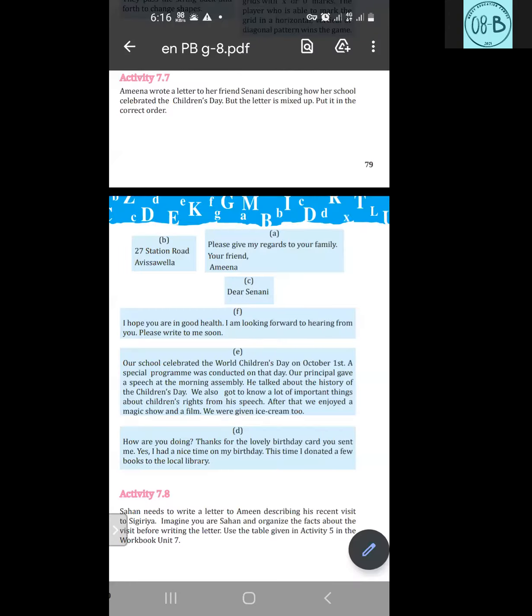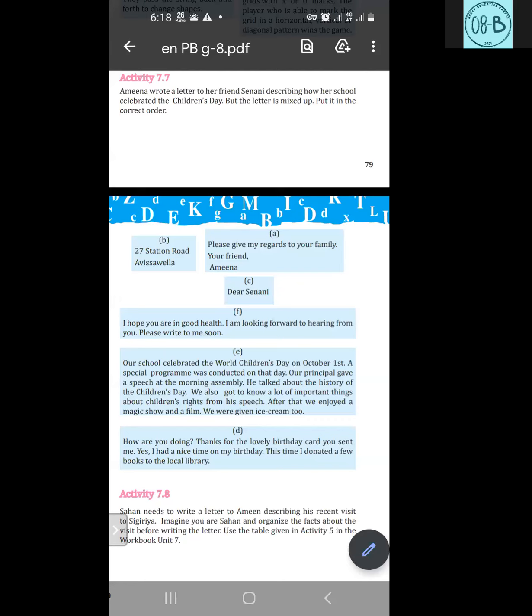This part is to be rearranged. நாங்க இதை rearrange பண்ண போறோம். Look at the first box. What is the first box given here? Ahna, read the box B. It is an address.